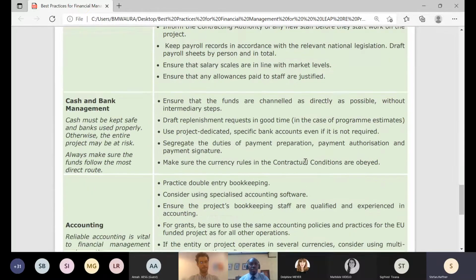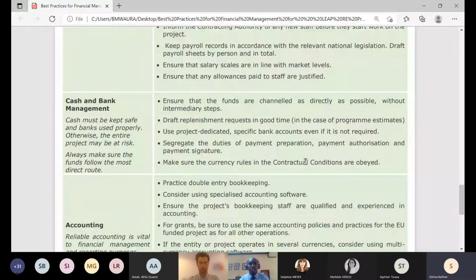The other item that is quite important to consider is the management of cash and bank. Cash must be kept very safe, and it's good practice, in situations where the partners are able, to separate the project fund from other funds, from other projects they are doing. It's actually the best practice. Also it's quite important that when we are disbursing cash, we disburse it as directly as possible without intermediary steps.